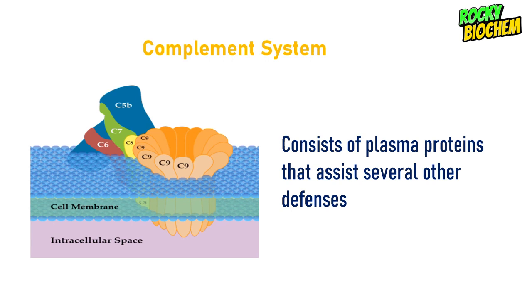Other complement proteins dismantle viruses or trigger the release of histamine from the mast cells. The histamine release will dilate the blood vessels and increase blood flow to the site of infection. Other complement proteins will also attract phagocytes to the site of injury to engulf the pathogens at that site.